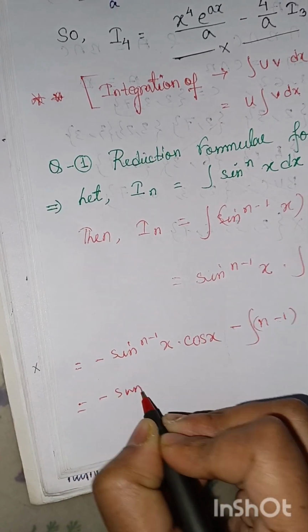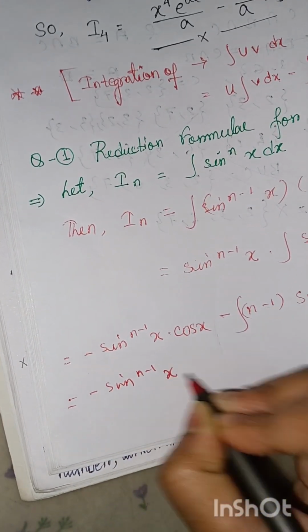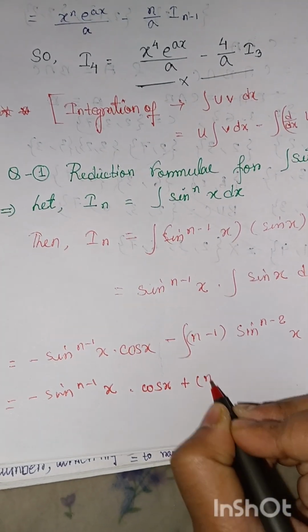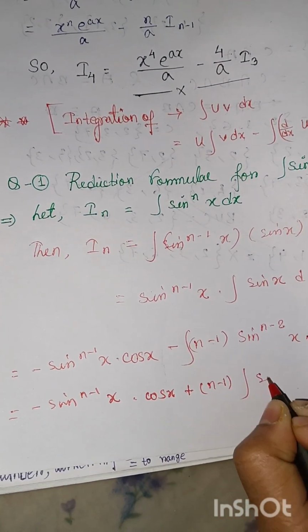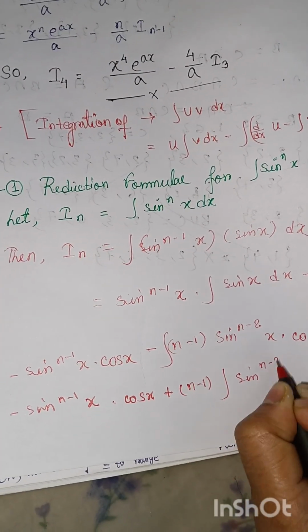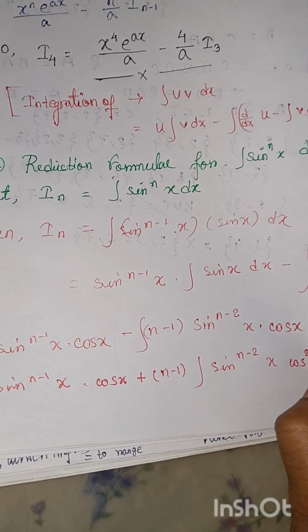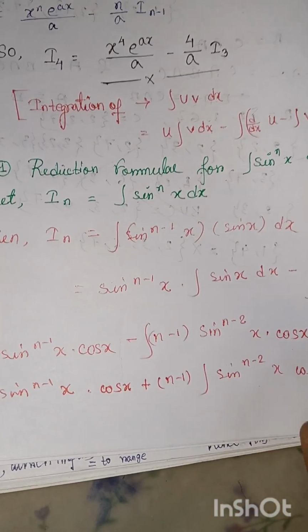Simplify the line: minus, plus, cos square x dx.